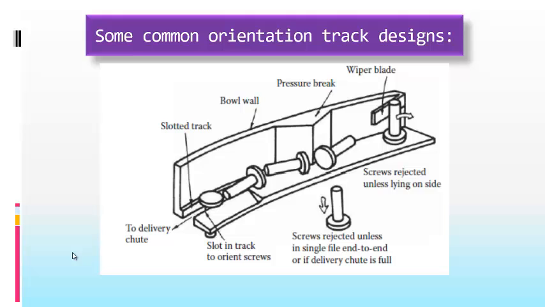Then after that, the part will fall onto a slot, and now the parts are oriented. One of my students identified 32 devices for orientation of tracks. And those are three of them: a wiper, a pressure break, and a slot.